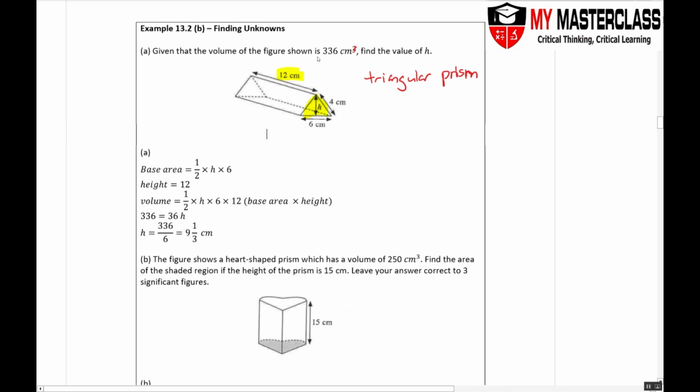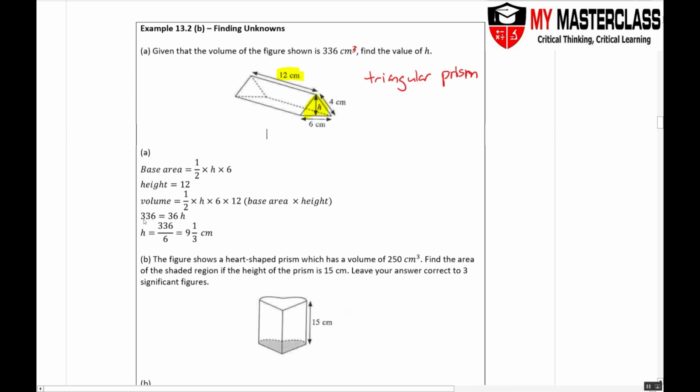So, given that this is the volume, I need to equate the formula to the volume, which is your base area times height, right? So your cross-sectional area in this case, which is the base area, is half times base times height, alright, which is half times h times 6 here. That's what you have. Okay, your height here of your prism is 12 cm. So essentially, this base area times height, or your cross-sectional area times height, is equivalent to your volume of 336 here.